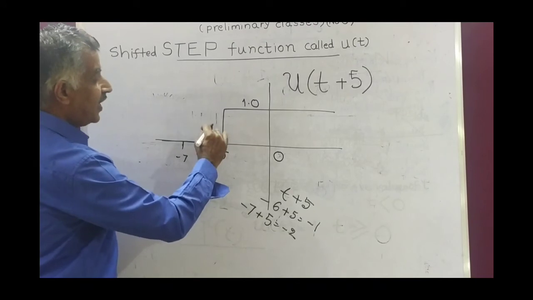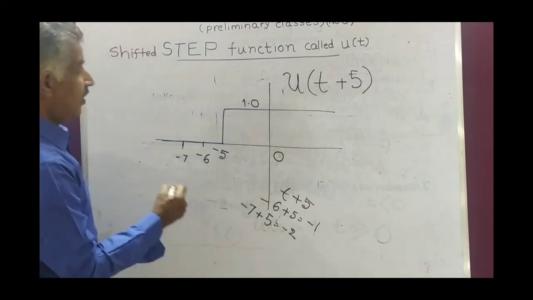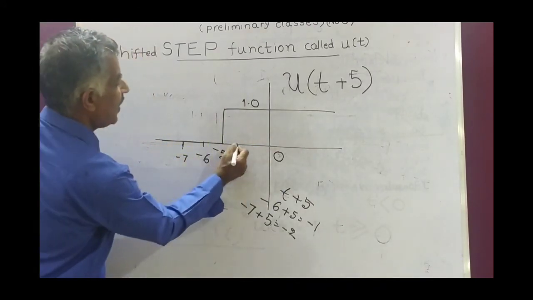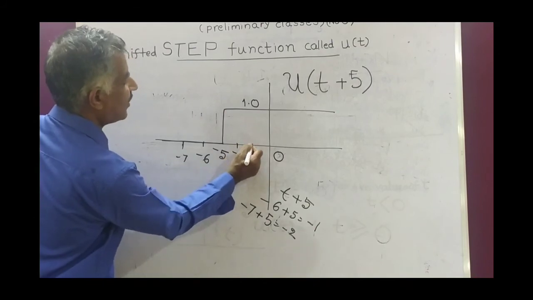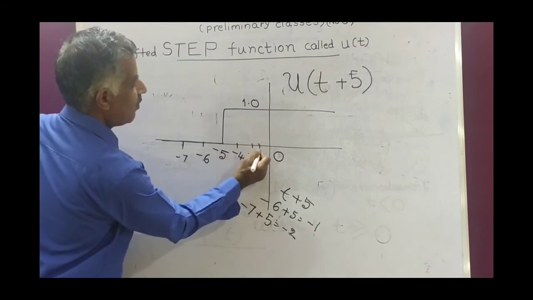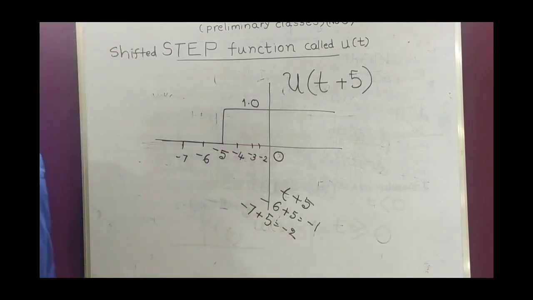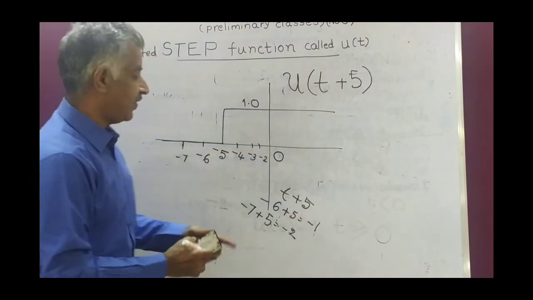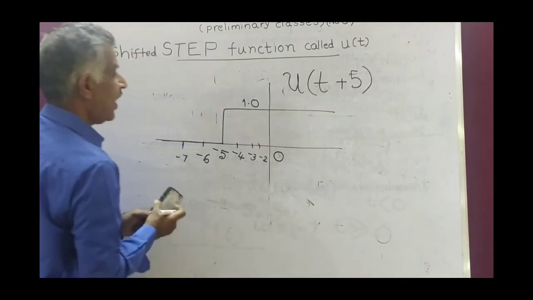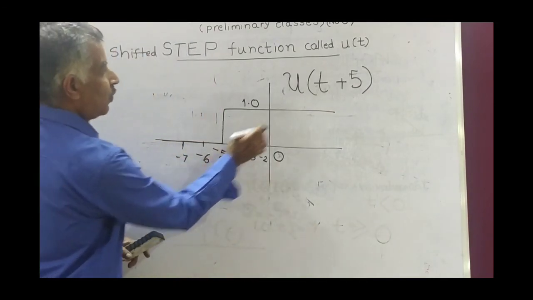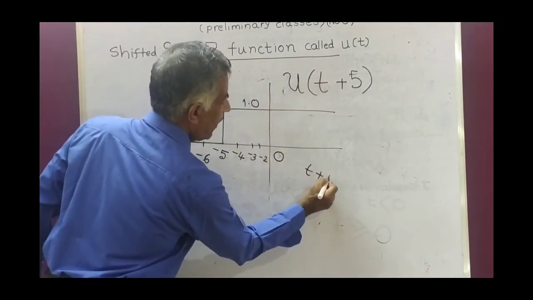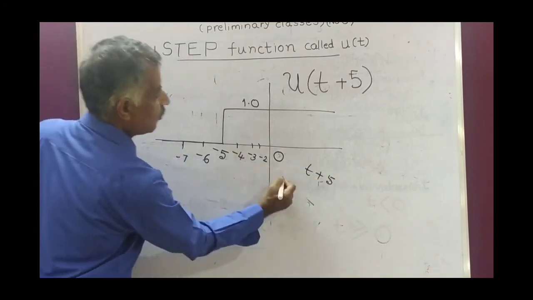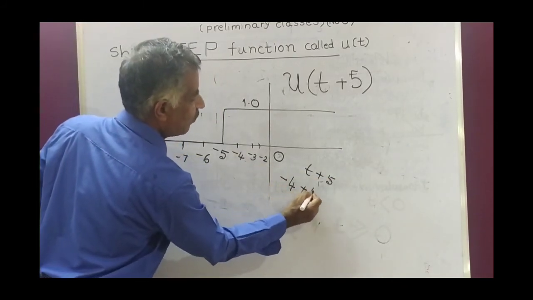But for t greater than minus 5, I have to take values like minus 4, minus 3, minus 2. If you take these values, then the argument becomes positive. Now let us see. Take for example t equal to minus 4. t plus 5 becomes minus 4 plus 5.